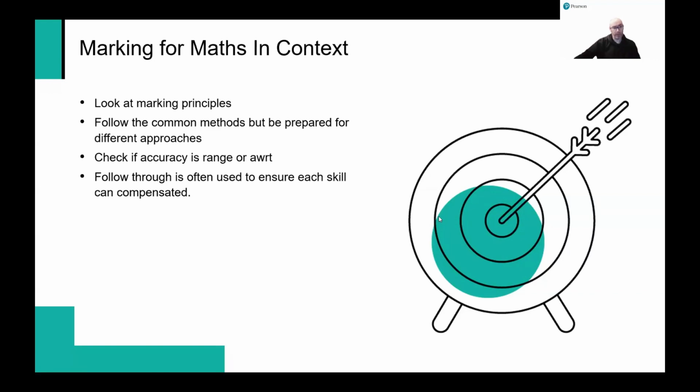We need to make sure that the accuracy is within the required range, or at least will round to the correct value. And look out for follow-through marks, because we do make sure that we compensate students for correct methods, even if they potentially had an incorrect answer previously, so they can be awarded some marks.